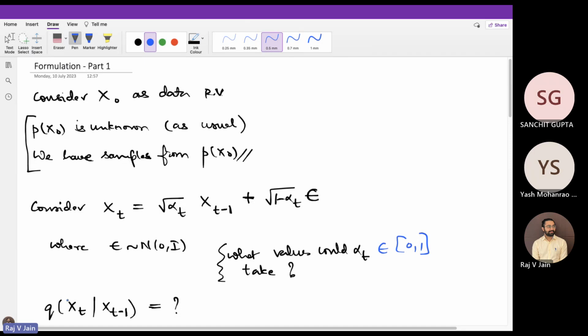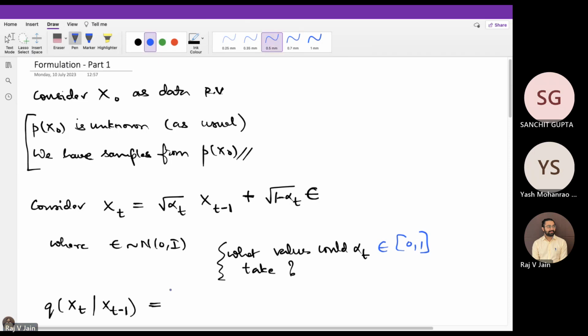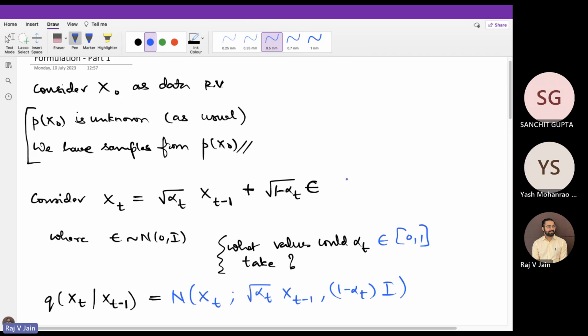I'll call it Q. It's Gaussian, centered on square root of alpha t times xt minus 1. And what's the variance? 1 minus alpha t times I. This is the distribution of Q, and this we know from the linear transformation theorem that we have done before.